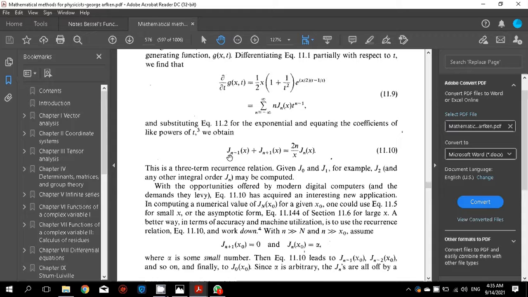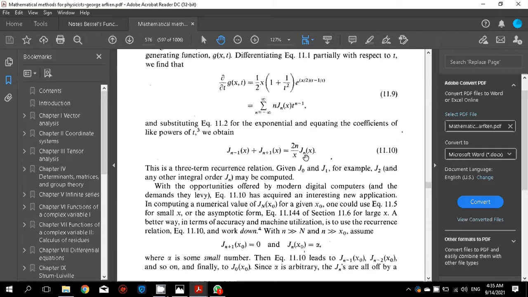Why is this called the recurrence relation? In fact, this is a three-term recurrence relation. For example, if J_n(x) is given, say J_2(x), and J_1(x) is given, you can jump to J_{n+1}, which is J_3(x).